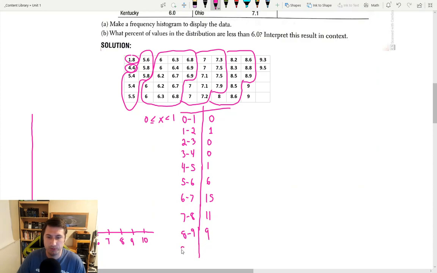And the last one, 9 all the way up to 10, is 1, 2, 3, and 4. Those right there. So those are my frequencies, the number of data points in each of those intervals, and that will now help me make my y-axis and help me make my histogram. So let's see, I have to go up to 15 on this graph. So 5, 10, 15 here.